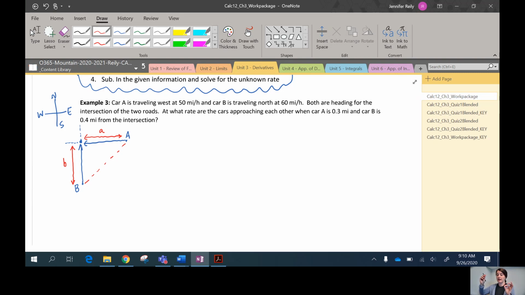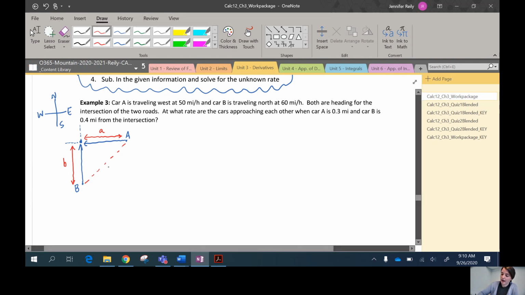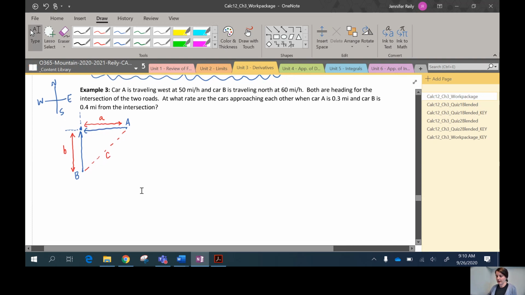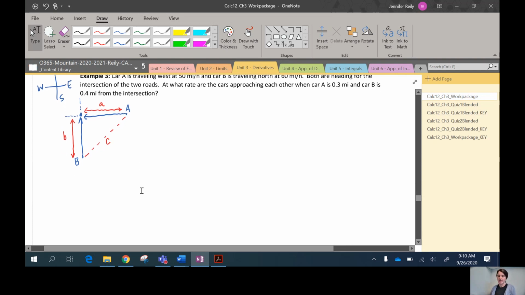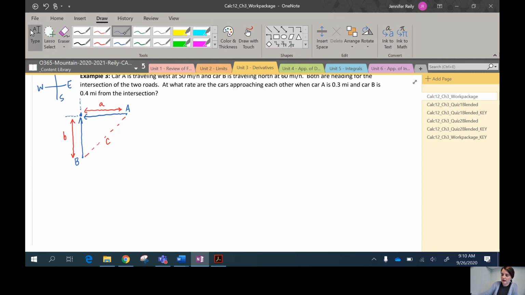So we also are interested in the distance between the cars. So because we've used a and b, I'll use c for that distance. Okay, so let's write down everything that we know. So that diagram there is totally acceptable. That's what I'm looking for when I'm looking for a diagram. Okay, so I need to see labels, and then underneath it, everything we know about those variables.